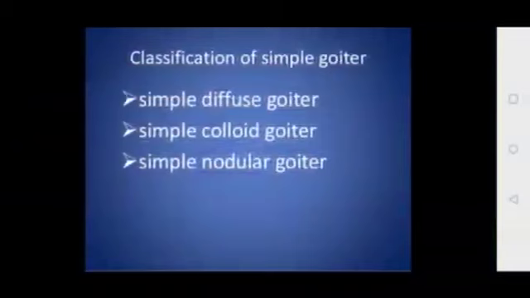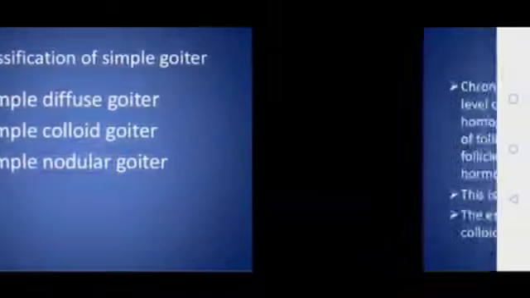What is the classification of simple goiter? Simple goiters are classified as simple diffuse goiter, simple colloid goiter or simple nodular goiter.